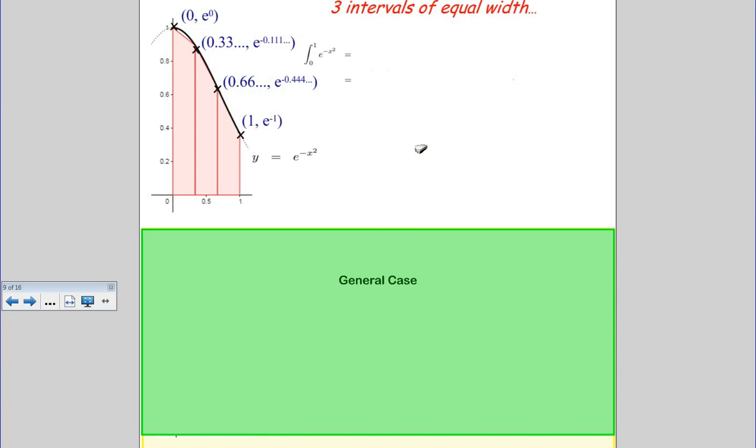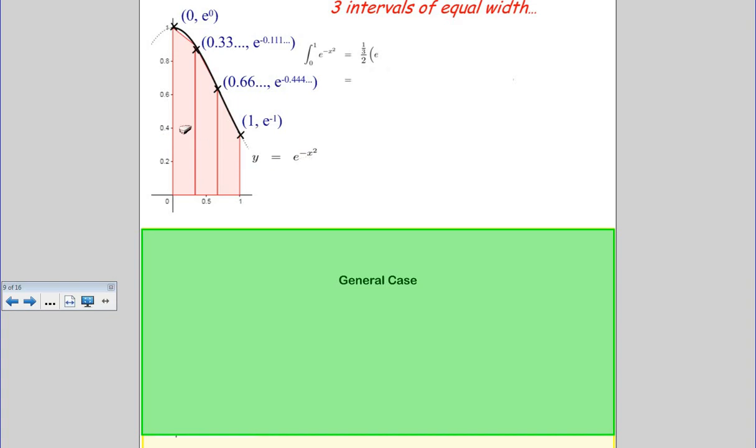Let's see, when we have 3 intervals, the same sort of thing happens. So this time to get our width, we're going to do 1 take away 0, which is just 1, divided by 3, so we've got a third, and then we want to halve that. So we've got a third halved. Then for our first trapezium, the parallel sides are e to the 0 squared and e to the minus 1/3 squared. So we put the x values into e to the minus x squared to find the y ordinates.